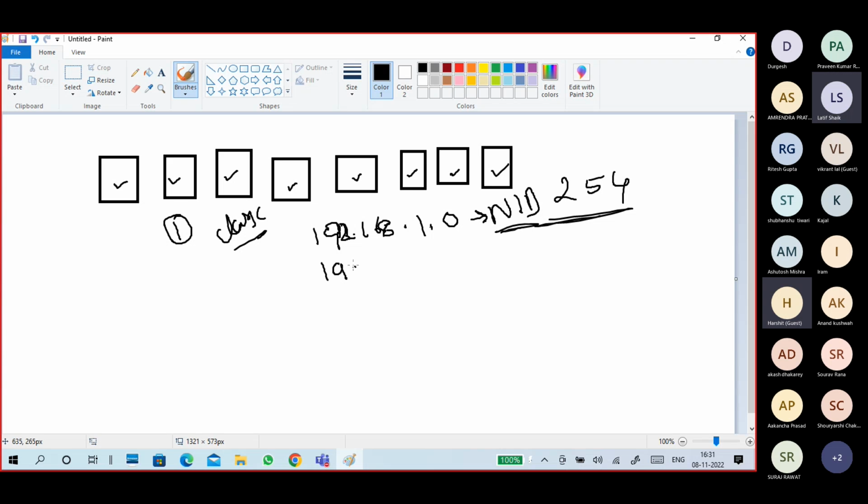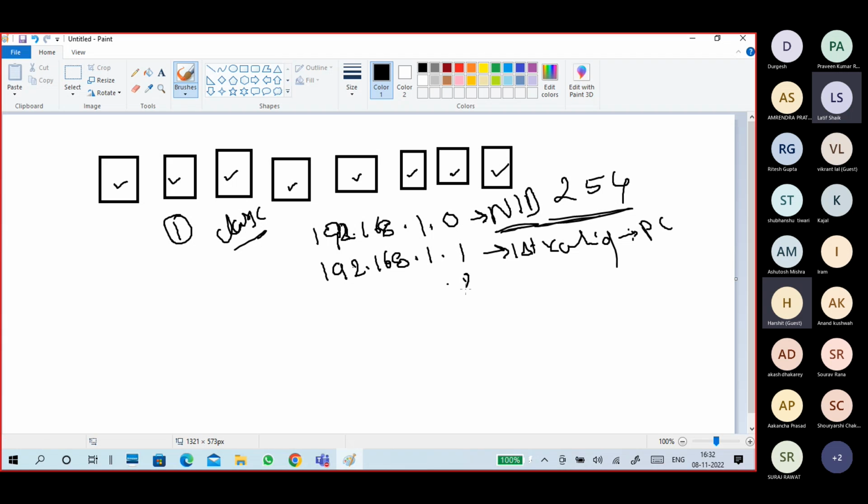Next one is 192.168.1.1. This is the first valid IP address. Meaning you can assign an IP address to a PC or a device from this one.